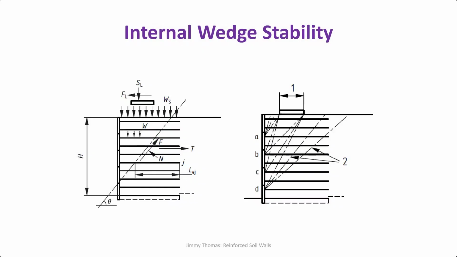Then these three, internal sliding, adherence, and tension, we are checking for each layer separately. So this is what we call local stability. Then the wall as a whole also sometimes has to be checked. Normally in a normal wall with regular geometry, once you have analyzed the local stability, the overall may not be a problem, but sometimes there is a change in geometry, or, especially in a bridge abutment, there are heavy loads, then this becomes much more important.